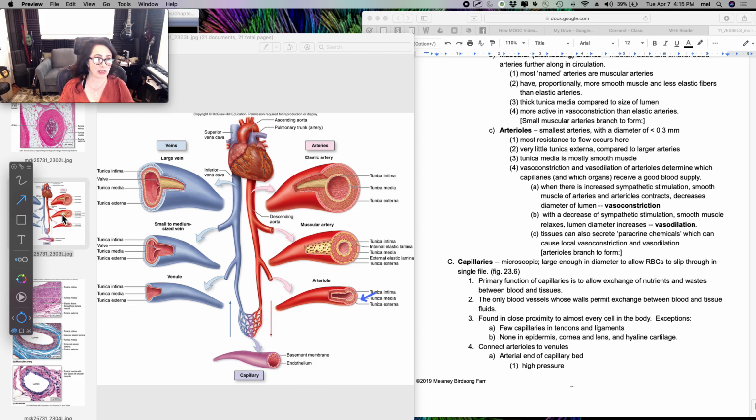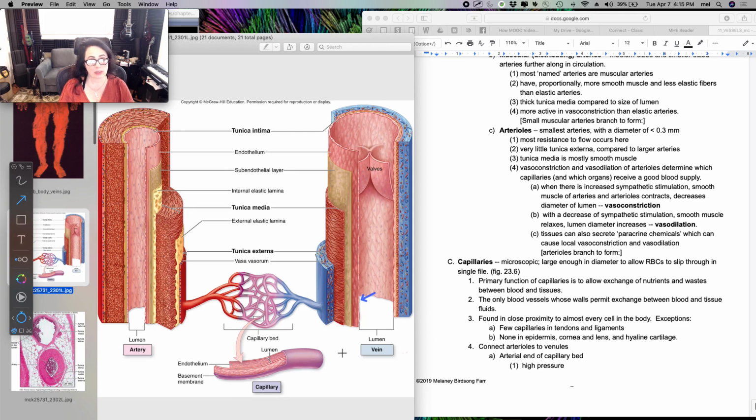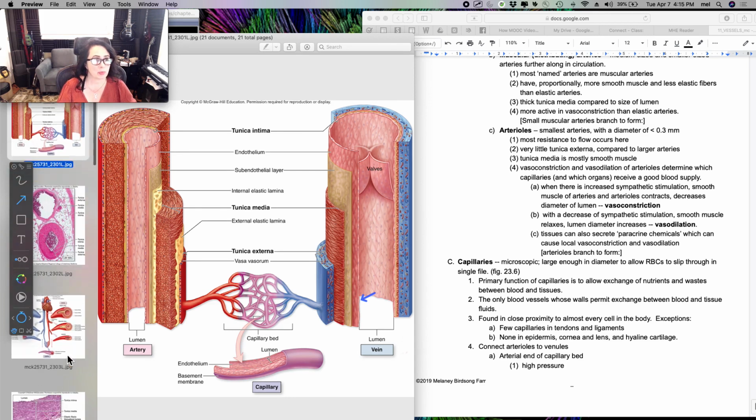And capillaries break all the rules that we learned before about the tunics, because really all a capillary is just simple squamous epithelium, which we call endothelium when it was part of the cardiovascular system, and then just a basement membrane underneath that.